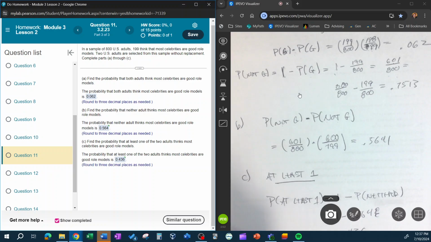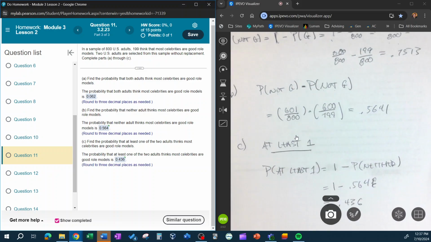Okay, you find out the probability of both, and then you find the probability of neither, and then this last part, at least 1, you subtract whatever you got in part B from 1, and that's your answer.